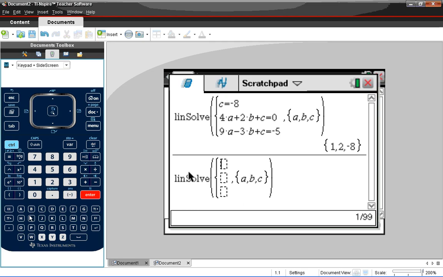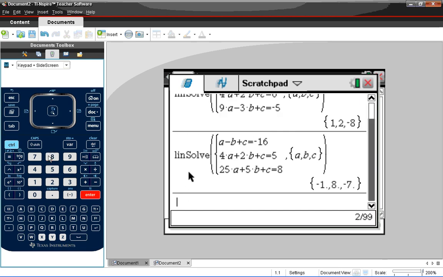Okay, so we had A minus B plus C equals negative 16. 4A plus 2B plus C equals 5. And then 25A plus 5B plus C equals 8.